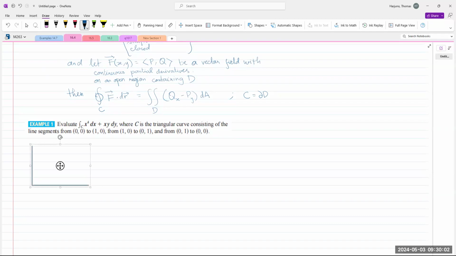Consisting of line segments from (0, 0) to (1, 0), from (1, 0) to (0, 1), and then from (0, 1) to (0, 0). Okay, so that's our C. Notice that C is the boundary of region D, if this is our region D here.